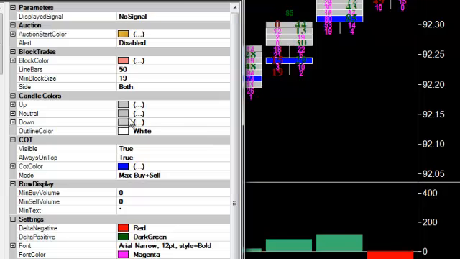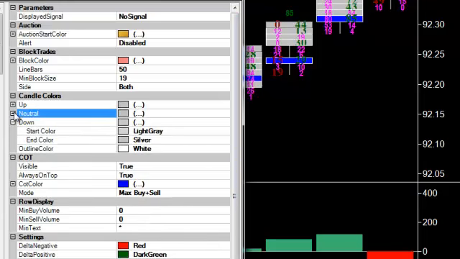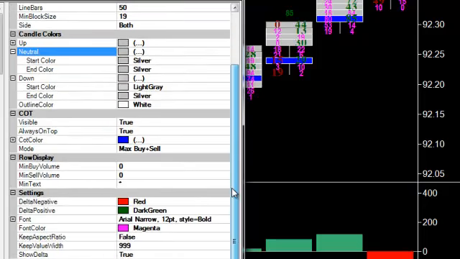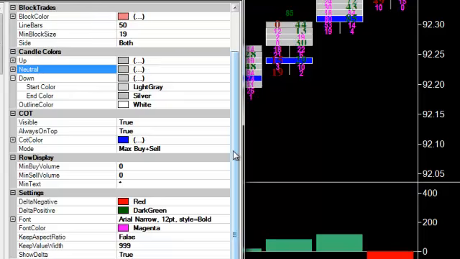So I colored them all silver so I can easily see inside the bar what the bid and the ask is doing on the aggressive buying and selling. But you can change this to any color you like here. In color, you can also have it start with one color and end with another color. You can make it real pretty. Pretty don't make you money though.